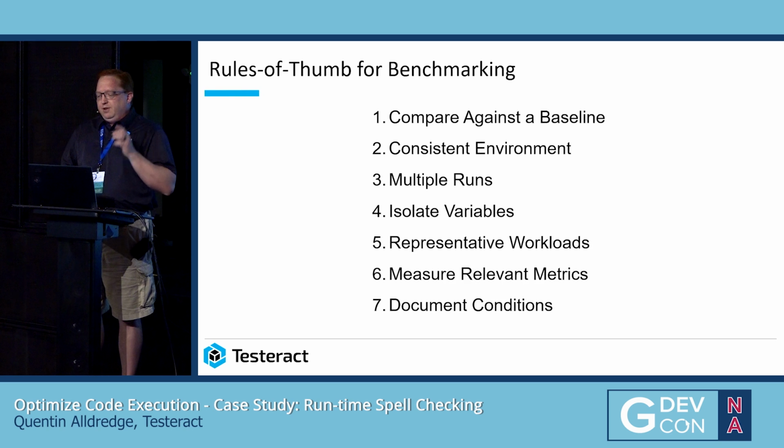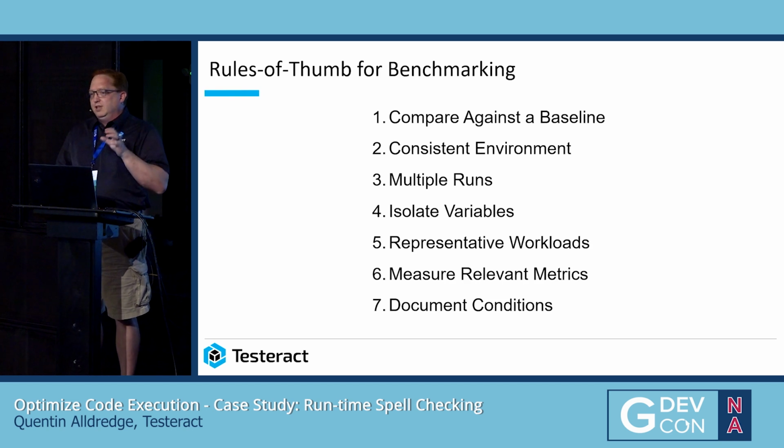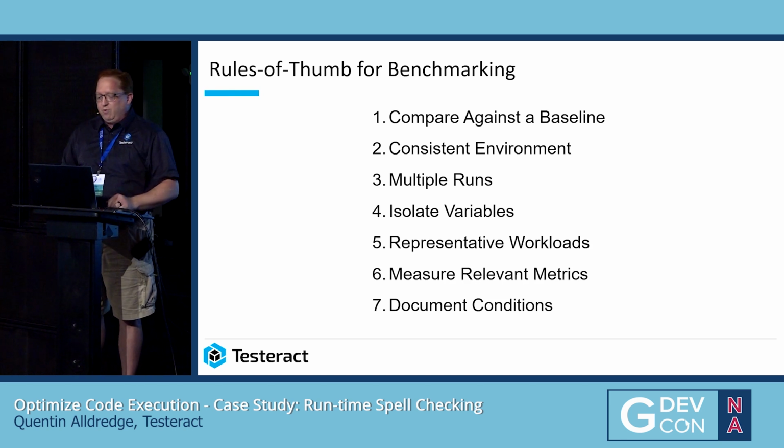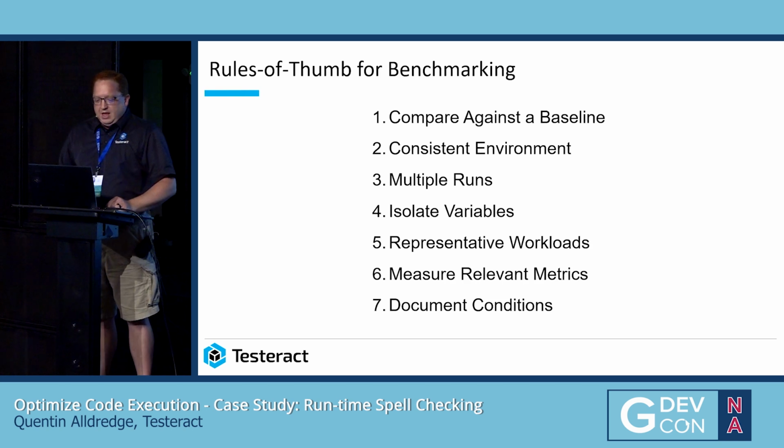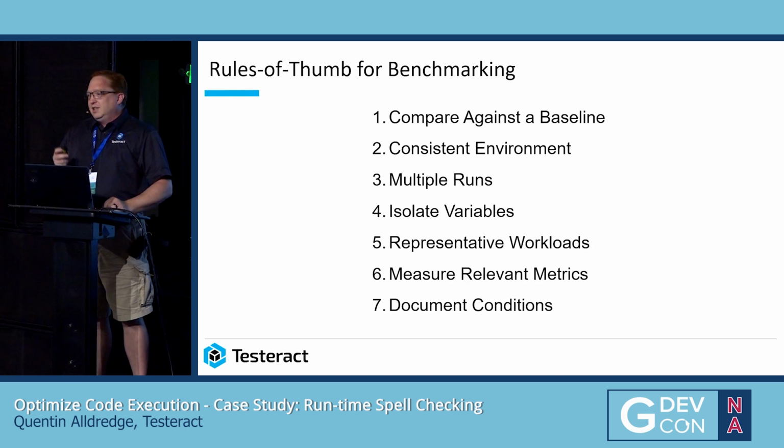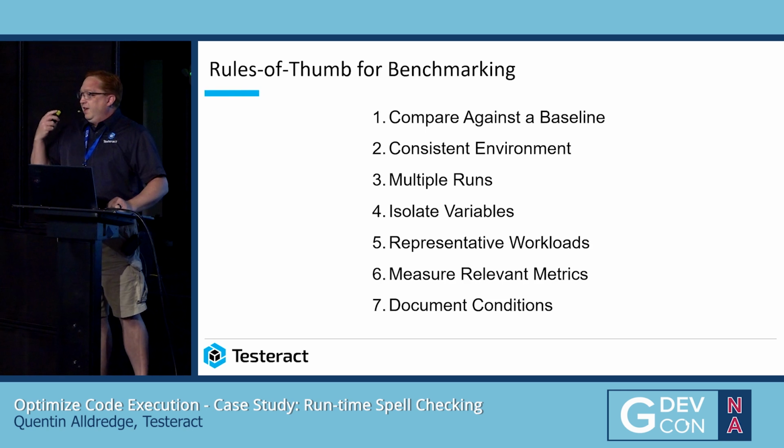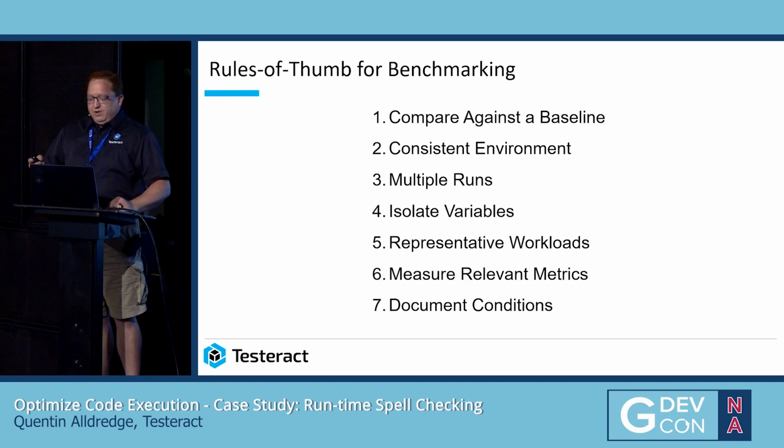One of the examples I'm going to show is reading in a dictionary. If I don't read in a sufficiently large dictionary, like 70,000 words, and I only read in a 10-word dictionary, well, that's not a good representation. Measure relevant metrics.